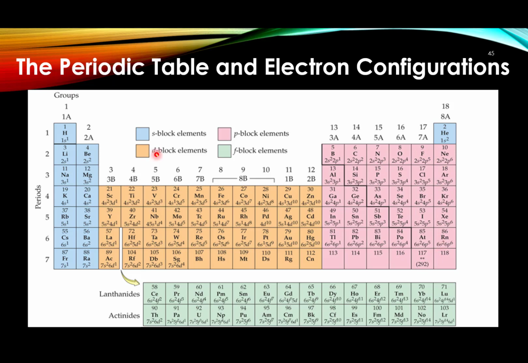Then for transition metals, as you can see here, the D block is the last subshell. And for the lanthanide and actinide series, it is the F subshell that they are filling in last.